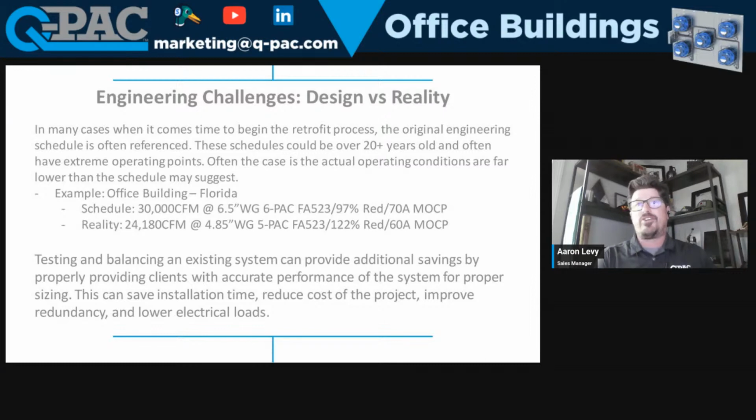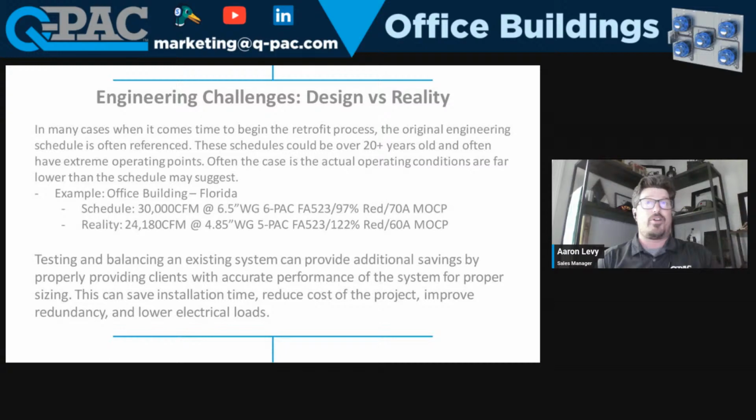A lot of these engineers, and there's nothing against the architect or anybody else, when they're designing a building, are doing load calculations on CFM, static pressure, or square footage versus how much tonnage you need, and then extrapolating it out. They can't really miss a target, because you don't want to under design a system, so they tend to over design a system. And a lot of those things will come out when we talk about retrofitting.